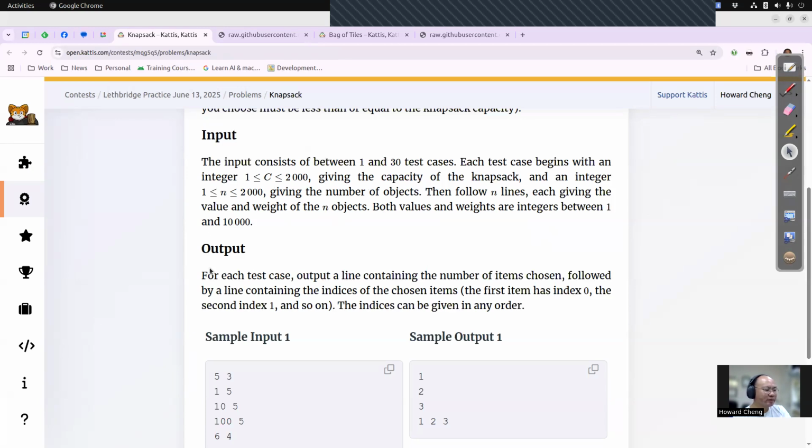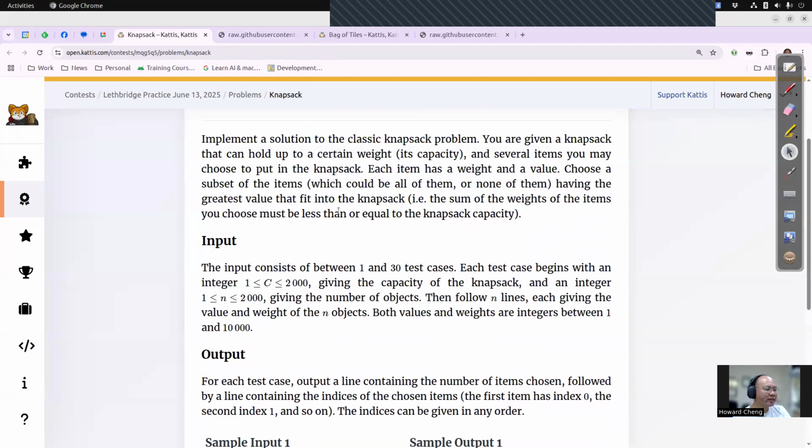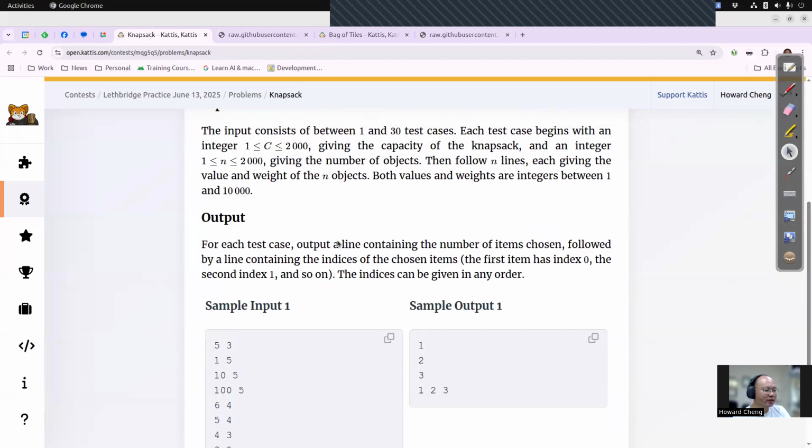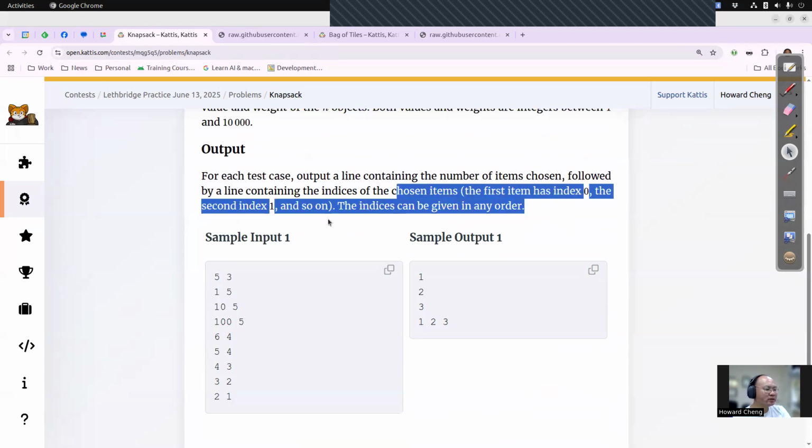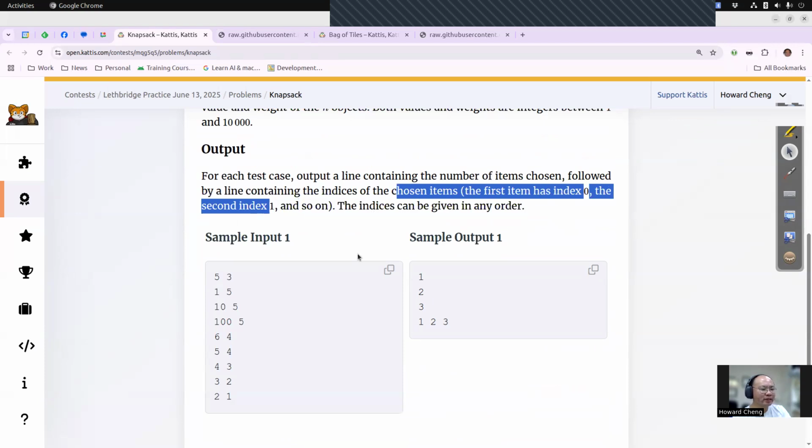But you want to choose items that maximize the value chosen. In this case, you also have to produce which items you chose. The first item has index 0, second, but anyway, that is exactly what I talked about.